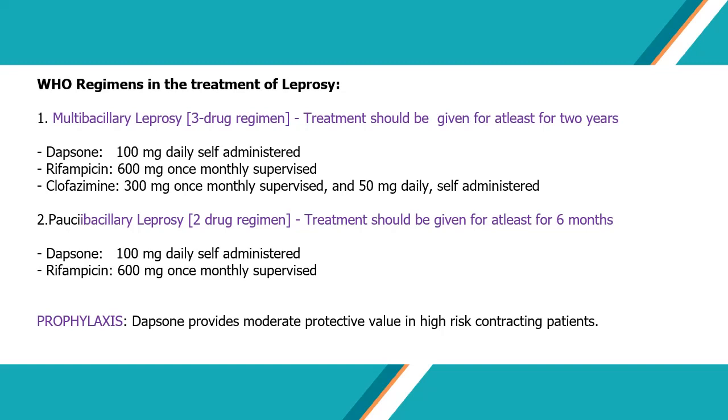There are other drugs also which are supportive drugs used in the treatment, for example thiacetazone. Now this drug has tuberculostatic activity, and it was found to be effective more on the tuberculoid type of leprosy than the lepromatous forms of leprosy.